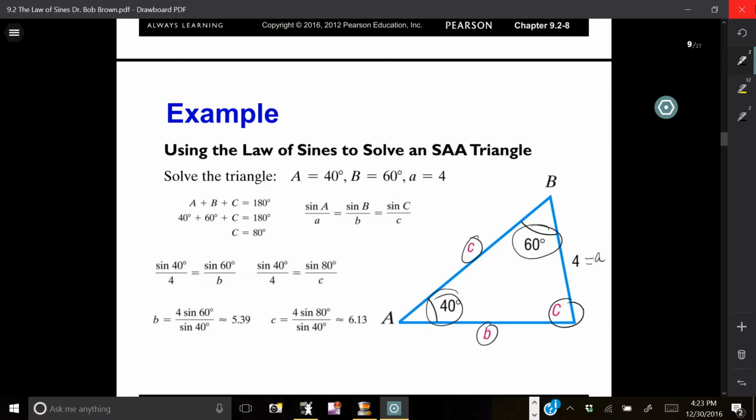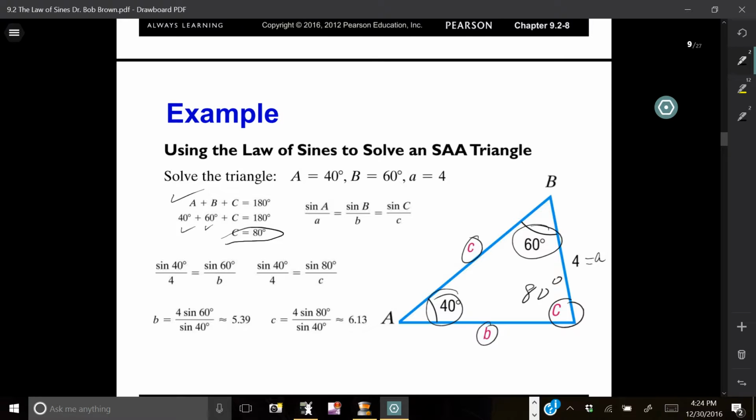Now, first of all, let's solve for angle C, because we know A plus B plus C is 180 degrees, and we have that A and B are 40 and 60 degrees. That means that C is equal to 80 degrees, so we can go ahead and put down that C is equal to 80 degrees.